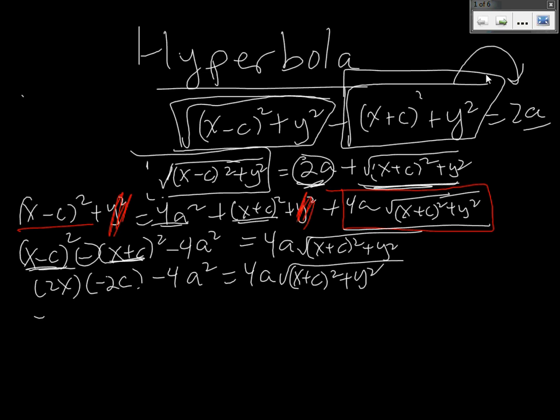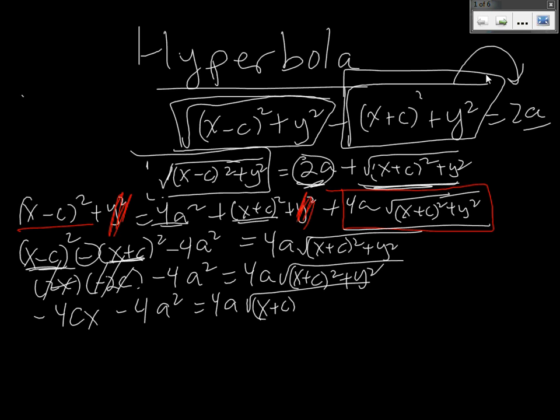Okay, so I get negative 2 times 2, which is 4, times the c times the x, minus the 4a squared, and it equals the right side.